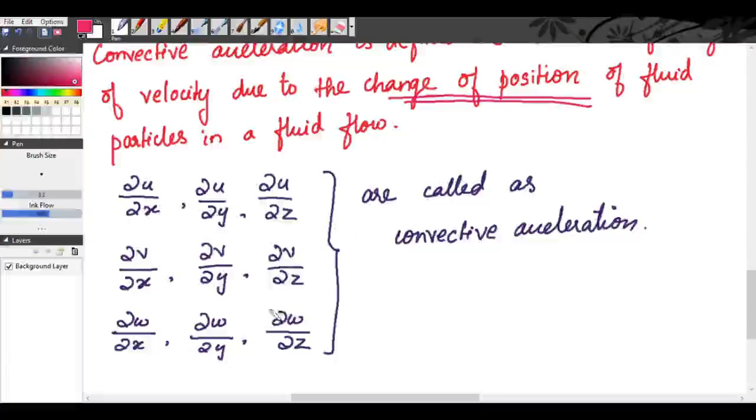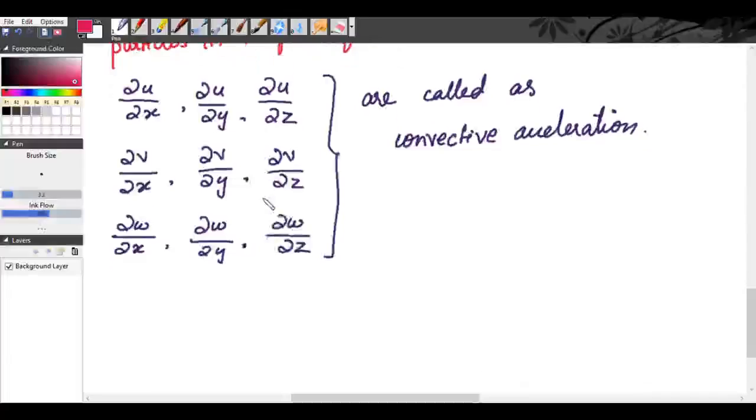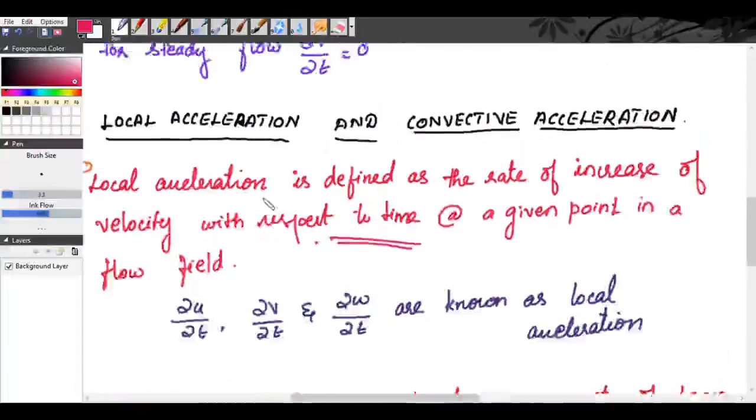So all the remaining accelerations, differentiation of velocity with respect to the spatial components, are called convective acceleration. You can see these are the differentiation of velocity components with respect to the directions, with respect to the space. Now, with this understanding, we will move on to a problem.